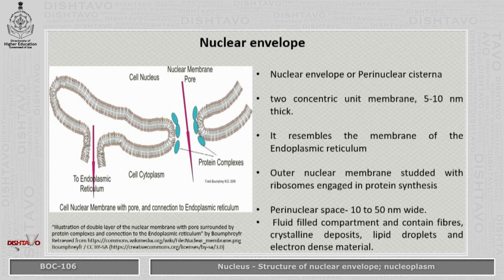The image presented here also shows the presence of nuclear membrane pore. This pore is responsible for the cytonucleoplasmic transmission. The sides of the pores are anchored with the protein complexes which regulate the streaming of molecules from the cytoplasm to nucleus or vice versa.